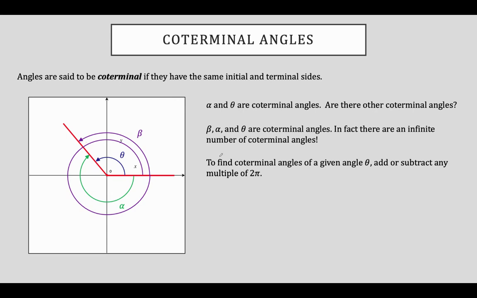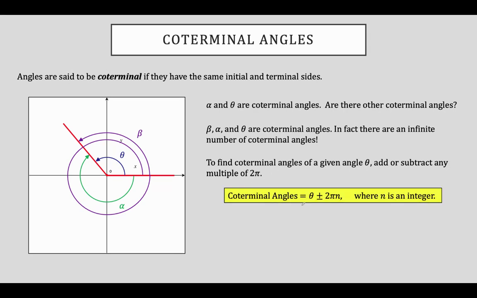Algebraically, to find coterminal angles of a given angle theta, all we have to do is add or subtract any multiple of 2 pi. That brings us back to our exact same terminating side because 2 pi is the equivalent of one complete revolution. So to find coterminal angles, I take my given angle theta and I add or subtract any multiple of 2 pi.